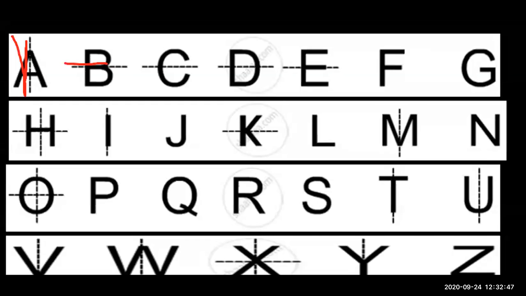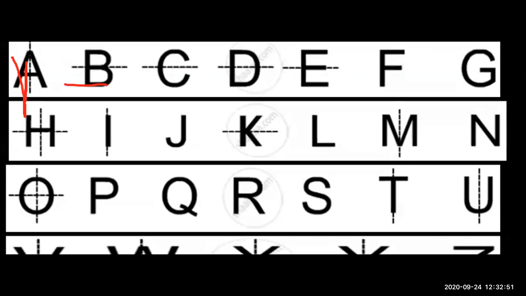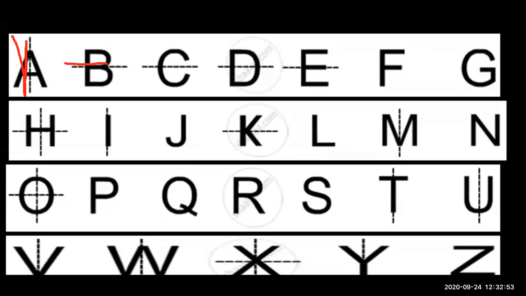Then alphabet D is also showing one axis, one line axis only. See here, it is also showing one axis. Now E, if I write E, it is also showing one axis. If I fold it, it will reflect the other side also. Now next F. Here F is not showing any axis.